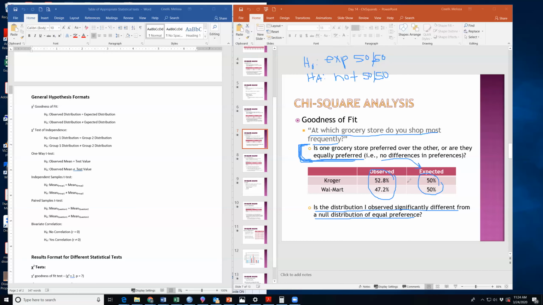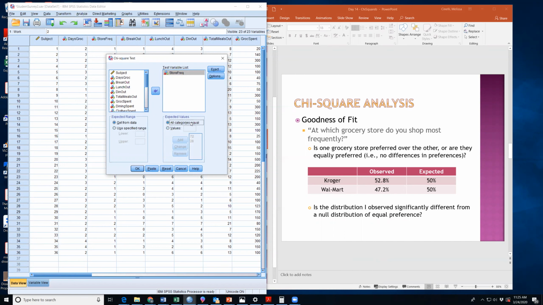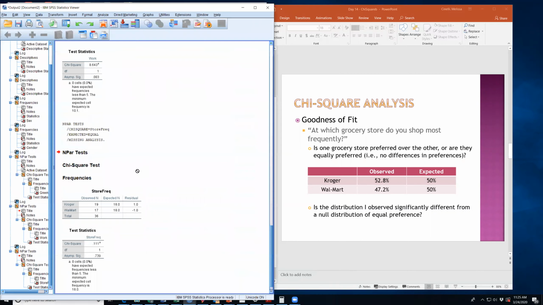We are no longer interested in if people work. We are interested in this store frequency variable. All right, it asks which store do you shop at most frequently. That's why it's called store frequency. And here we are interested in expected values where all categories are equal. All right, so we want to test, did people choose these two options equally, at a 50-50 rate, or did they choose them at some other rate?